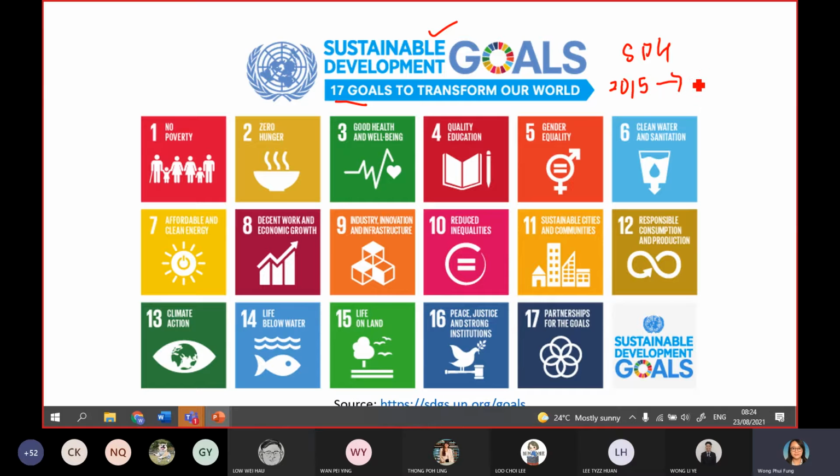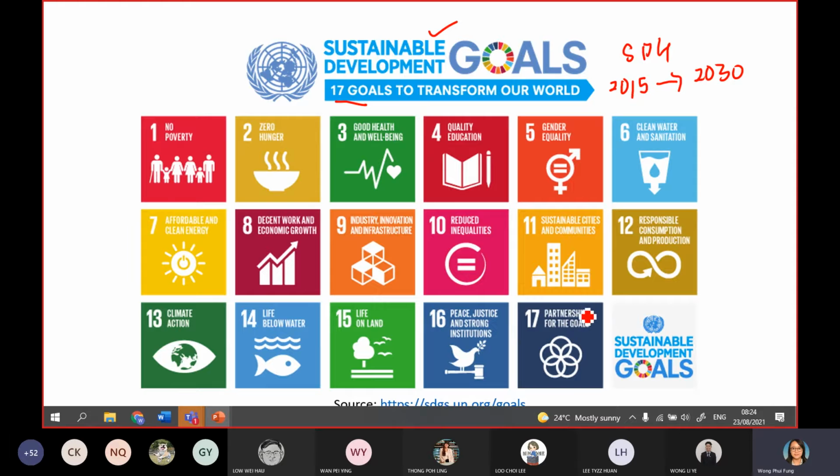Hopefully we can achieve all 17 goals by 2030. They are a blueprint, a guideline, to achieve peace and prosperity among the people, the country, and the planet.